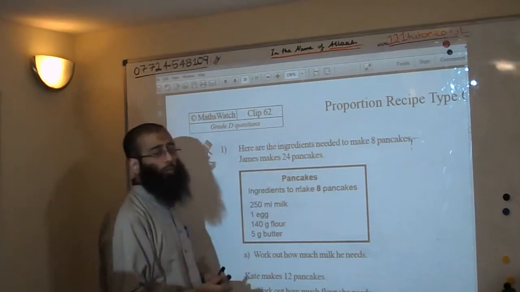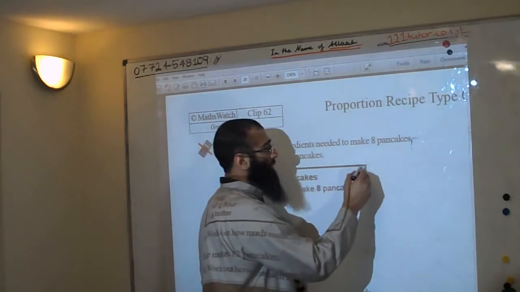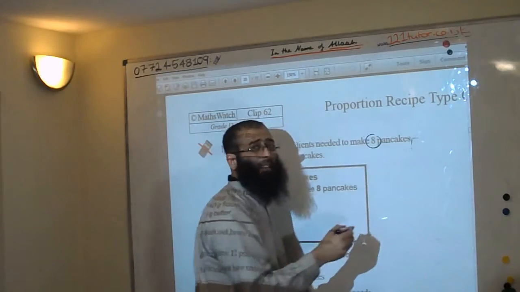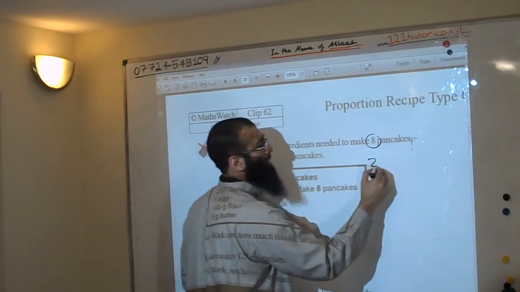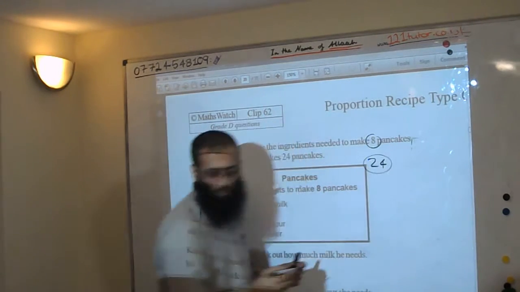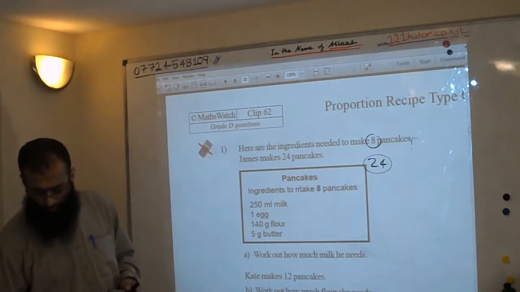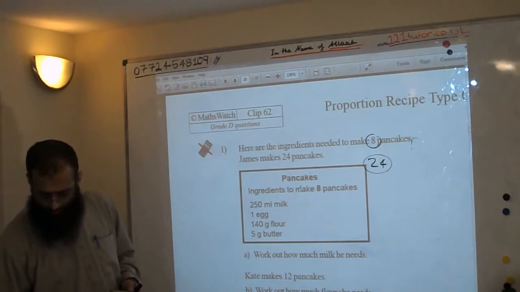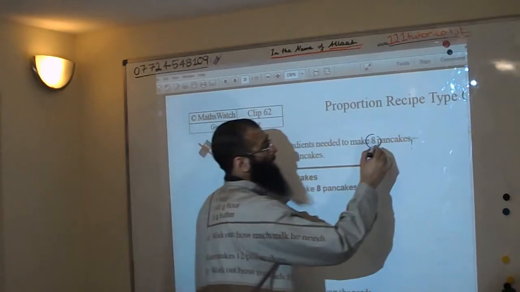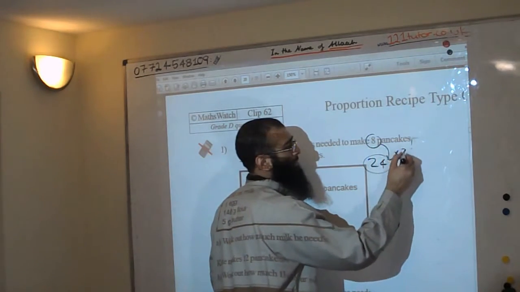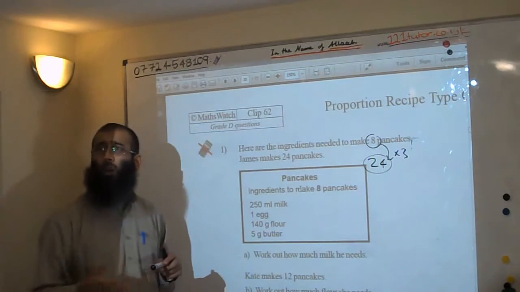James makes 24. So first of all, this ingredient is for 8 and he wants to make 24. So what we have to think is, how do we get from 8 to 24? And the answer is, times by 3.